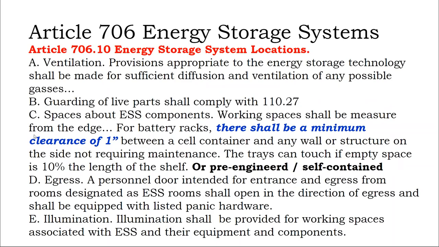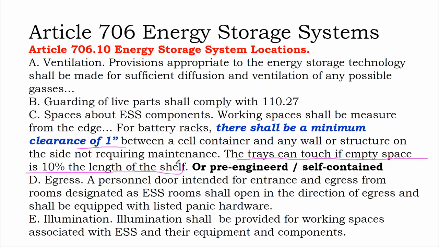So here's the one we talked about earlier, where there needs to be a minimum of 1 inch clearance between the battery and the wall. Well, then you go and see nice pictures of the Tesla Powerwall being mounted in a garage. It says the trays can actually touch the wall in 2 circumstances.